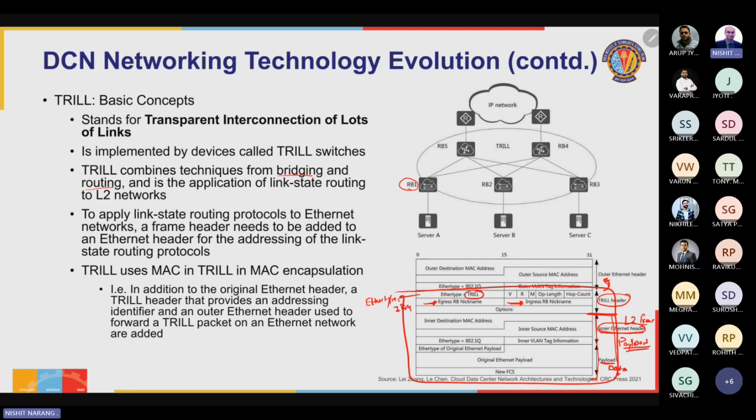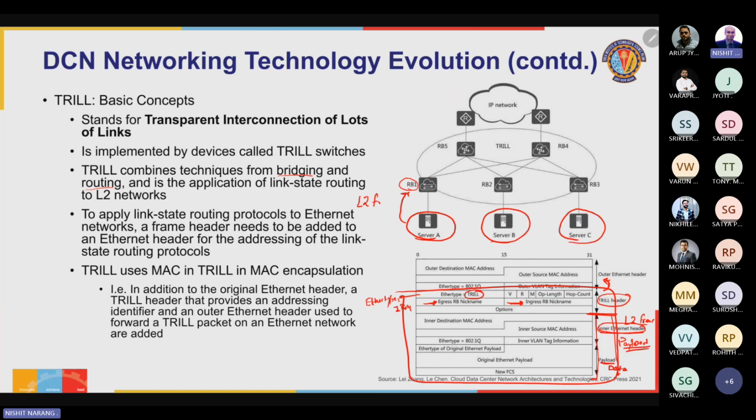So the reason why we've done this encapsulation is I don't need any changes on the servers. Now that you've seen the packet format, let me explain why this packet format, why so many encapsulations. I don't want these servers to be impacted. What are these servers generating? To the access switches, what are they sending?